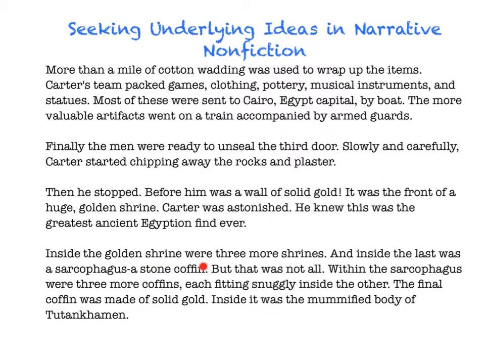Inside the golden shrine were three more shrines, and inside the last was a sarcophagus, a stone coffin. But that was not all. Within the sarcophagus were three more coffins, each fitting snugly inside the other. The final coffin was made of solid gold. Inside it was the mummified body of Tutankhamun.